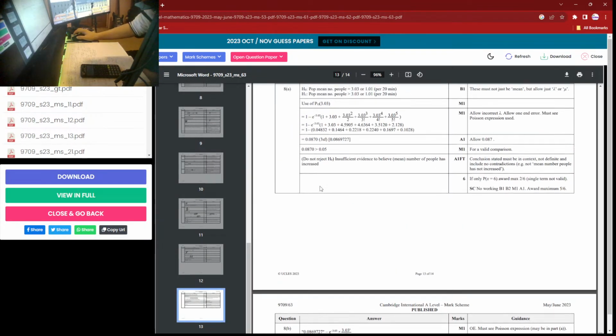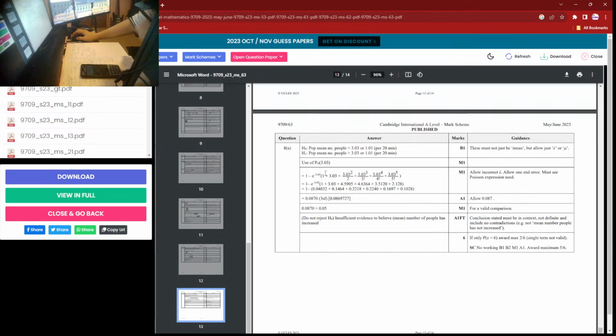Are we supposed to use Poisson? Oh my gosh. All the way to 5 since n is 6.